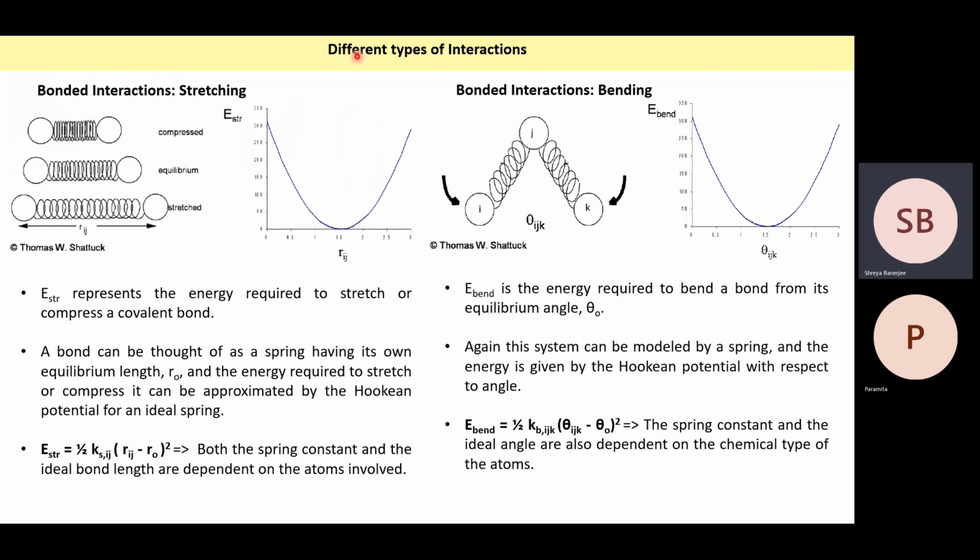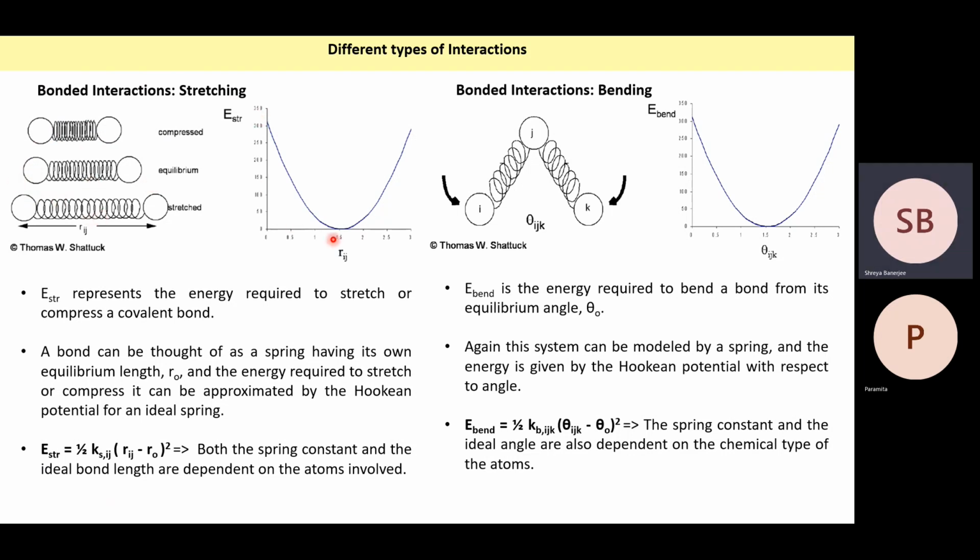So as I said, there are different kinds of interactions. First we'll study the different kinds of bonded interactions. If there is a bond between two atoms, this bond can stretch or compress like a spring.